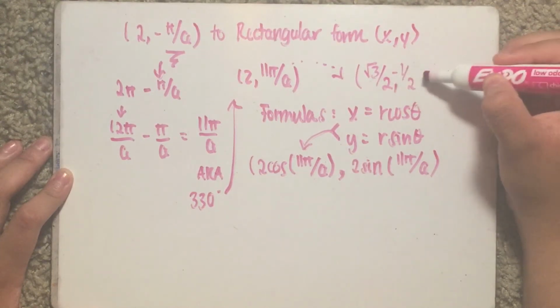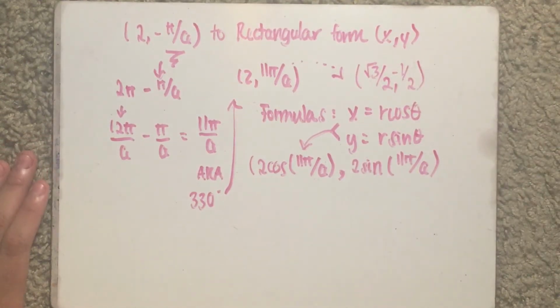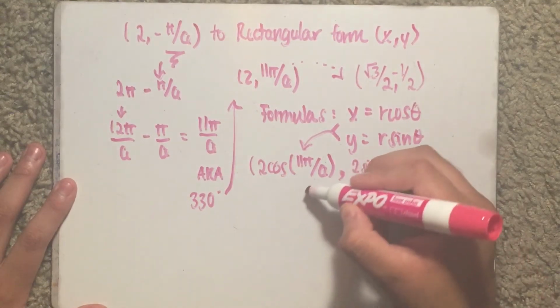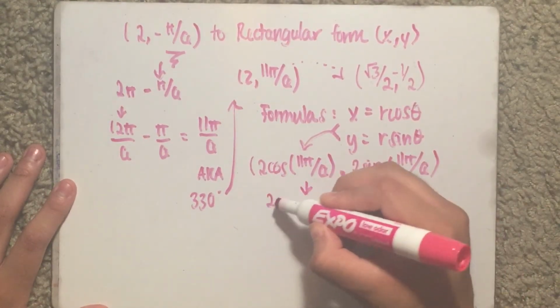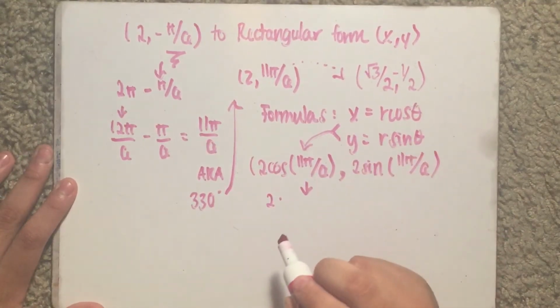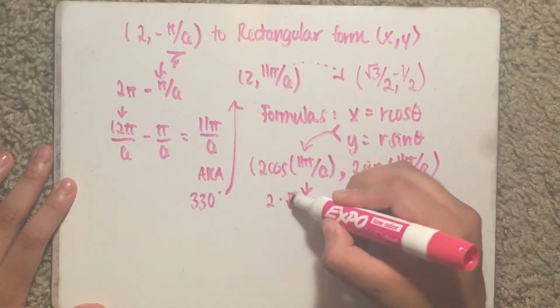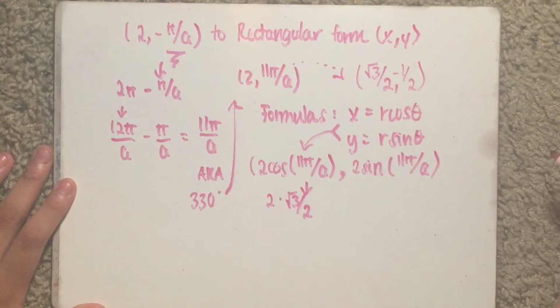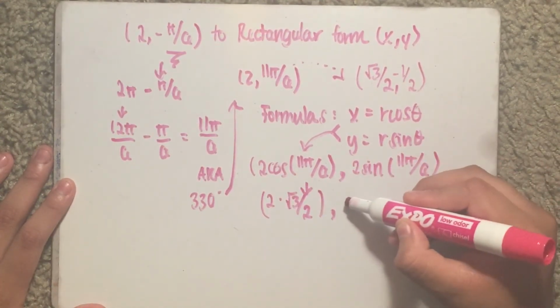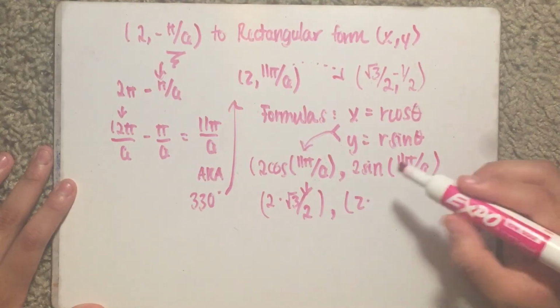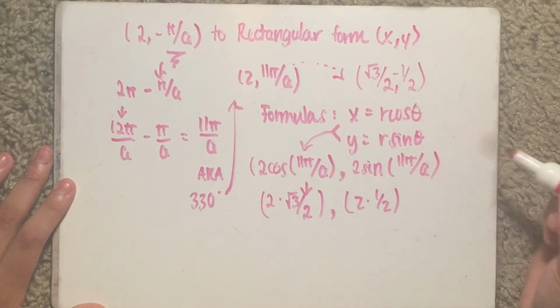Whoops, forgot the negative. There you go. So I go back to the problem and I plug in the square root of 3 over 2 for the cosine, and along with the sine, I put in the negative 1/2.